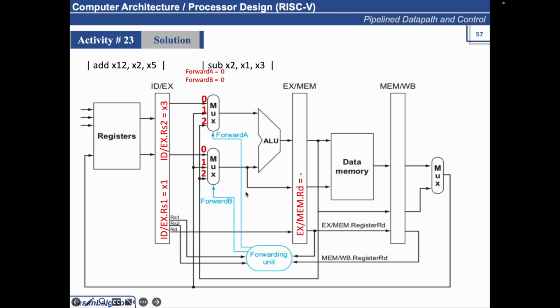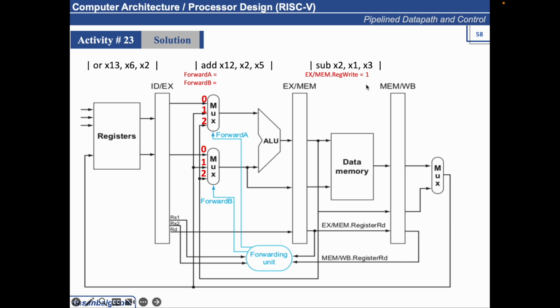Now the instruction has moved forward to the next phase. In this phase, what will be the value of the XMEM reg write signal? It is of course 1 in this particular stage, because this instruction is writing the results back into X2.